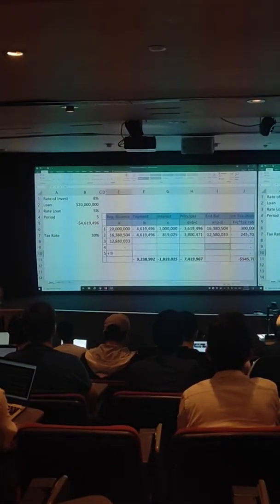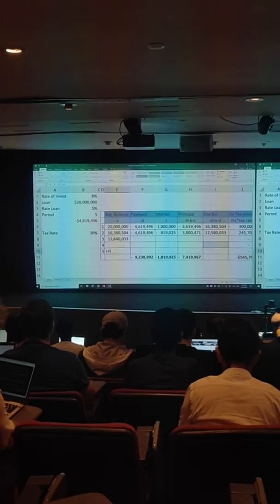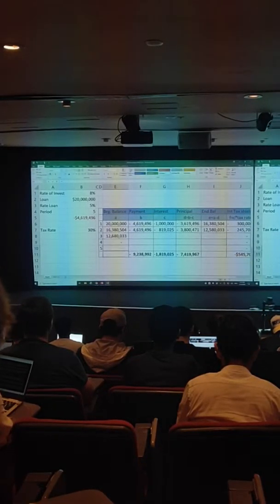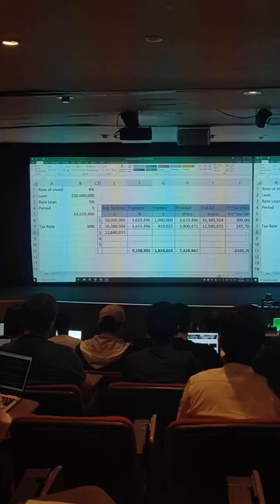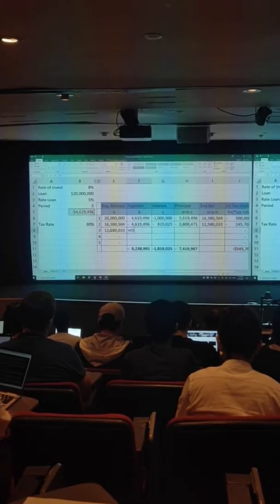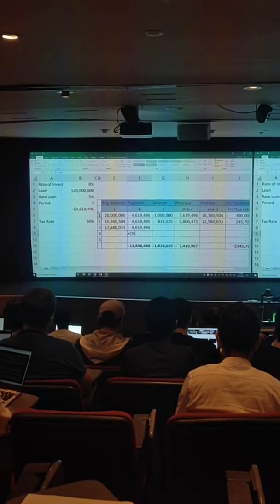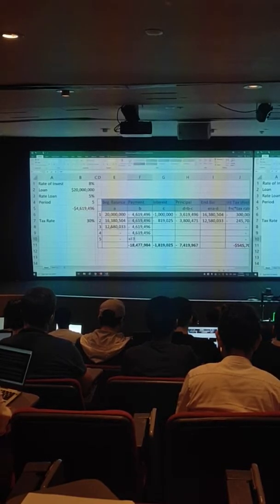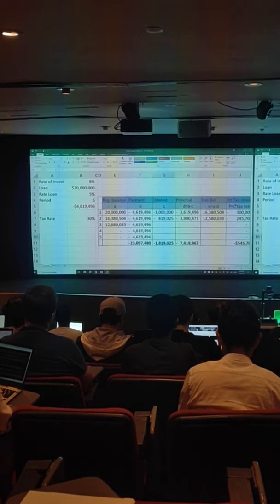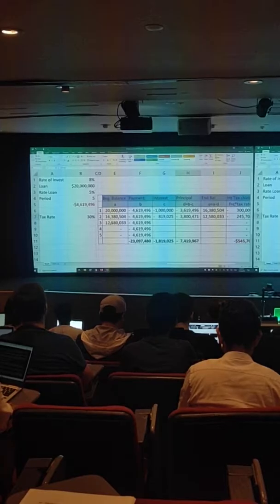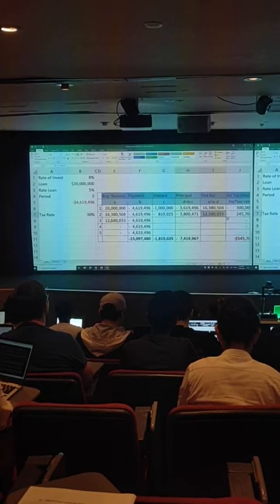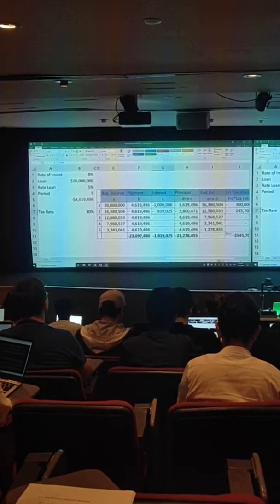So the first thing I do is link in my beginning balance to my previous ending balance, just to make it easier for myself. All of these can be linked in. Your principal calculation is the same and your ending balance calculation is the same, so make it easy for yourself.